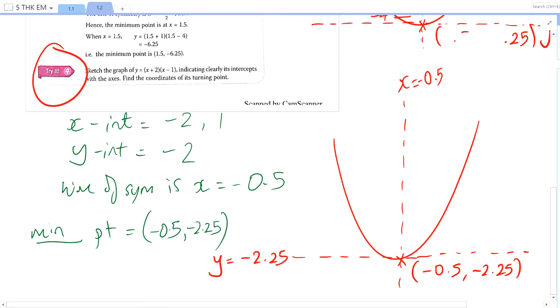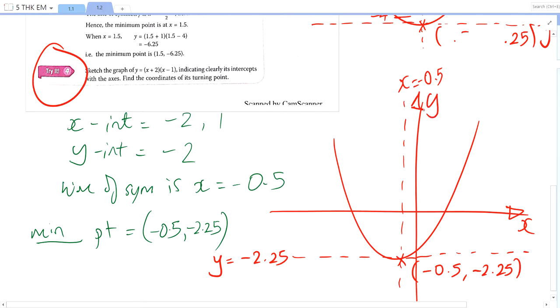Since y equals negative 2.25 is over here, my x-axis must be above. Since x equals to negative 0.5 over here, my y-axis must be to the right. Something like this. Fill in the other points that we have.